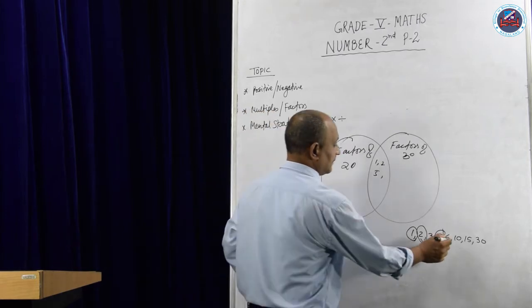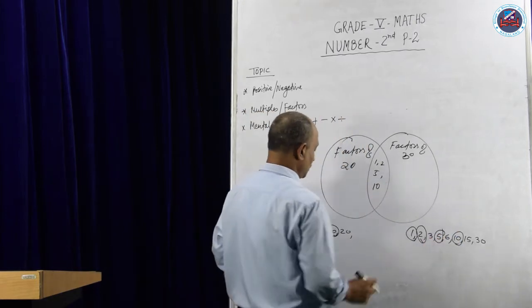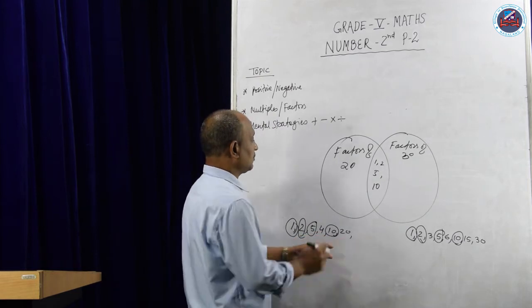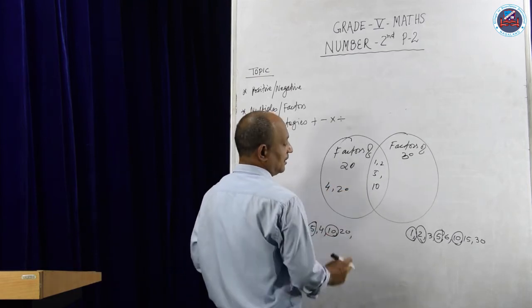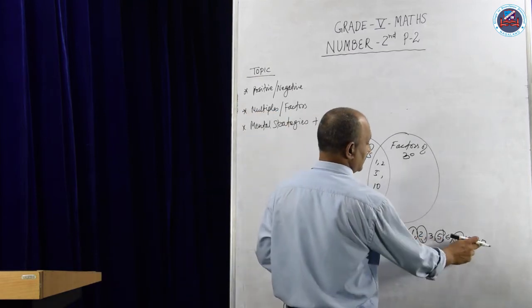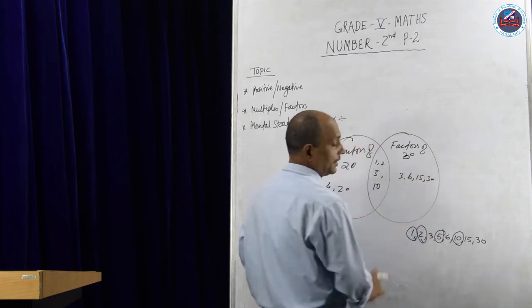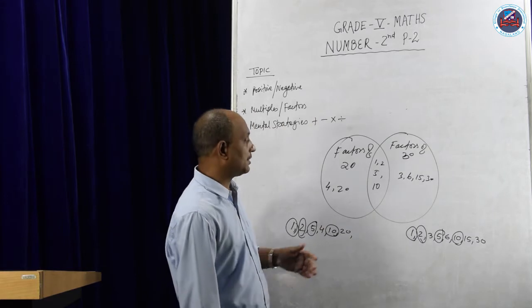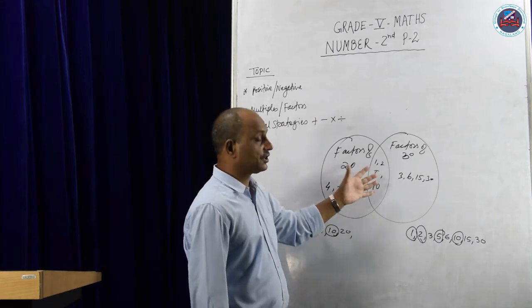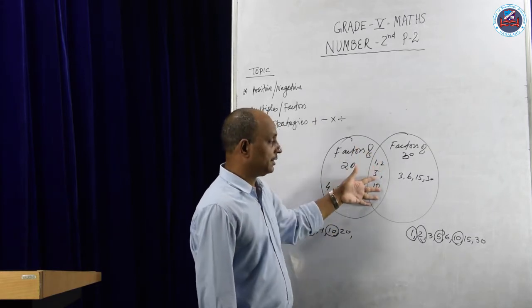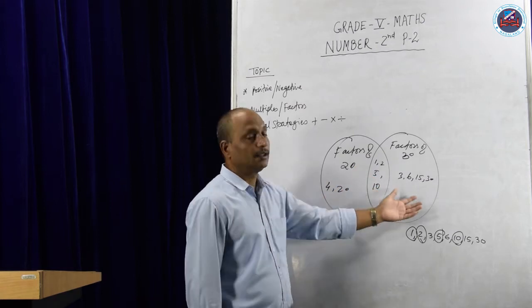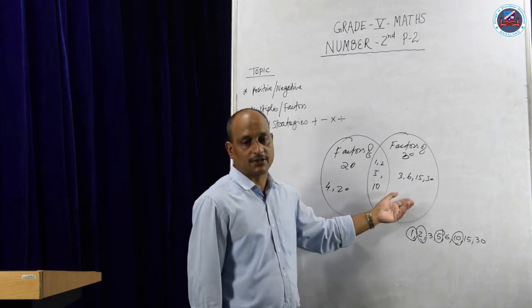The remaining, 4 and 20, will come here, and 3, 6, 15, 30 will come here. So the Venn diagram represents this: the numbers common to both are in the middle, and the remaining are in their own respective boxes.